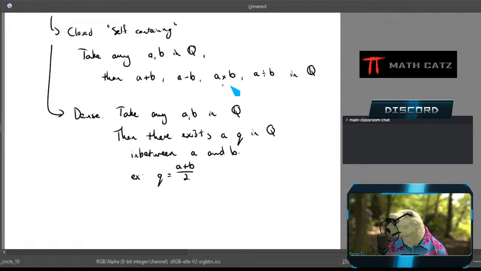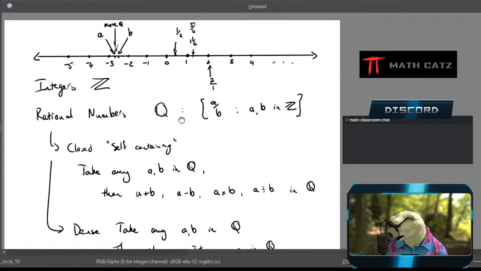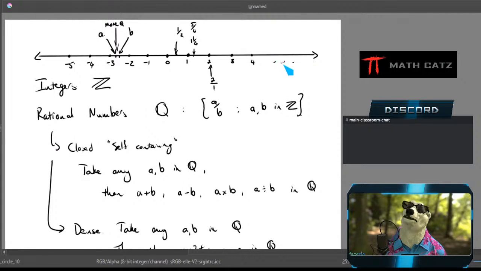Because I've added and divided with rational numbers, that answer is necessarily also a rational number. Yet it sits between: A is on the left side of it, B is on the right side of it. It sits strictly between the two. It's right in the middle. And I can do that for any two rational numbers you can come up with.